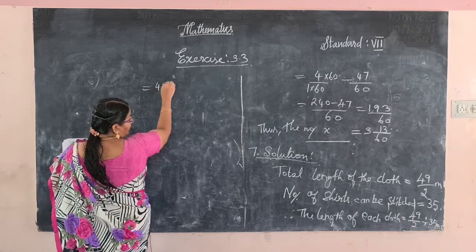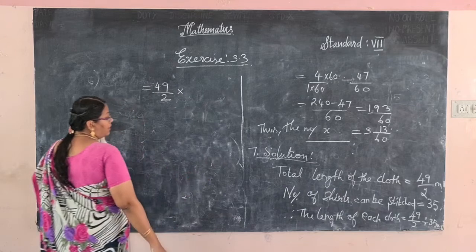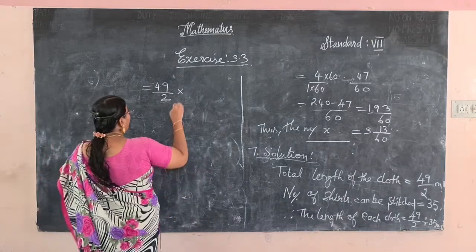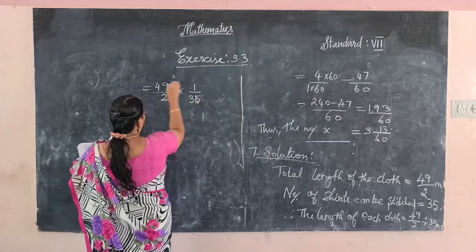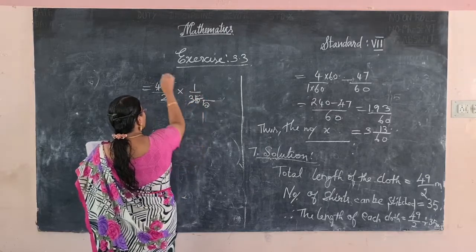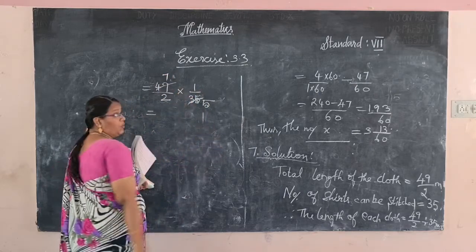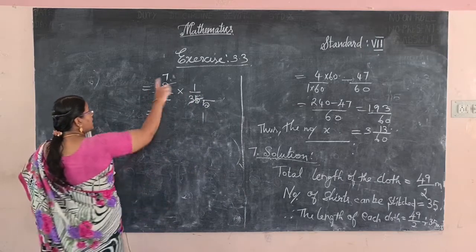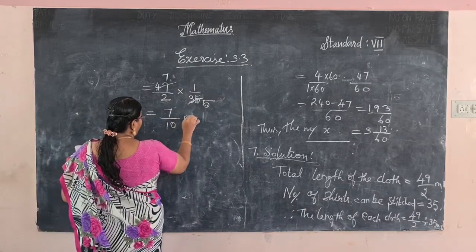So the division changes to multiplication, and 35 becomes its reciprocal. So it cancels in the 7 table: 7 fives, 7 sevens. Now multiply the numerators and denominators. 7 ones are 7, 2 fives are 10 meters.